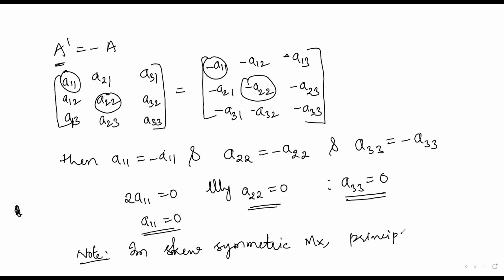Principal diagonal elements are 0. Number one. Number two is, this element is negative of this element.